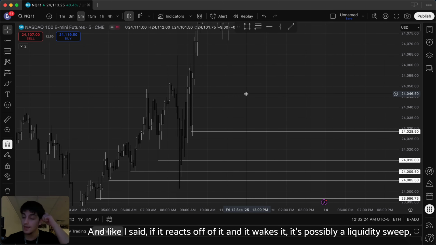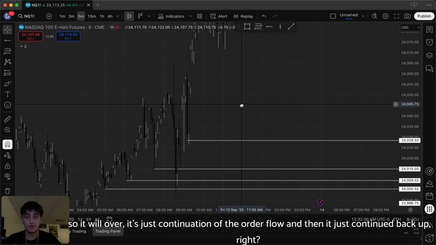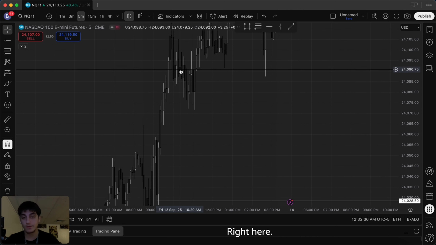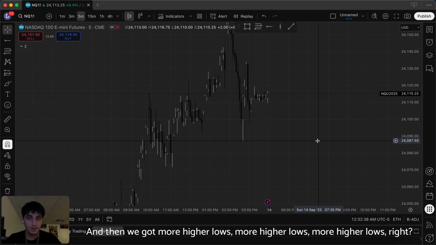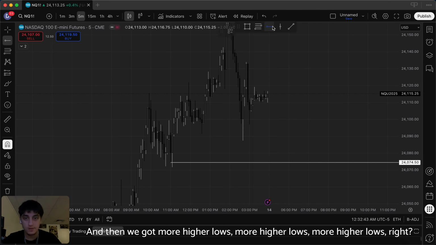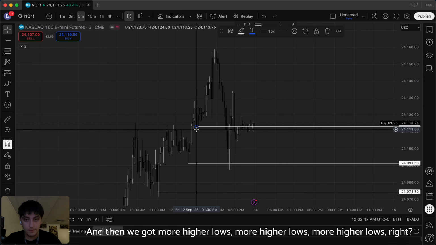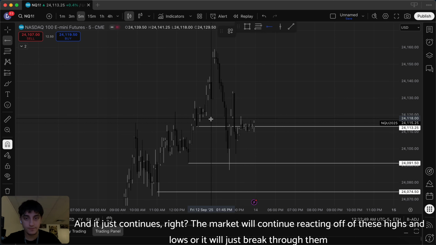And like I said, if it reacts off of it and it wicks it, it's possibly a liquidity sweep, or it's just continuation of the order flow, and then it just continued back up, right here. And then we got more higher lows, more higher lows, and it just continues.